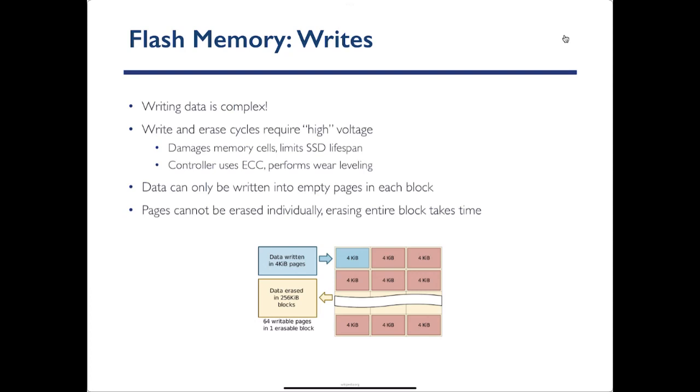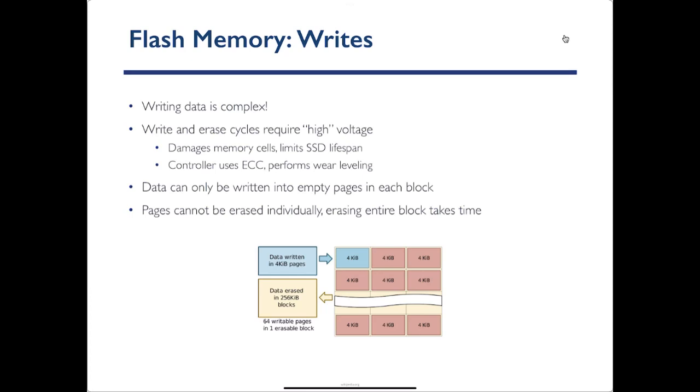Now, the other constraint that we have is you cannot erase a single page in flash disk. To be honest with you, I don't exactly know why, but for this, we're going to listen to the device. This is kind of like physics and magnetic or electro whatever.